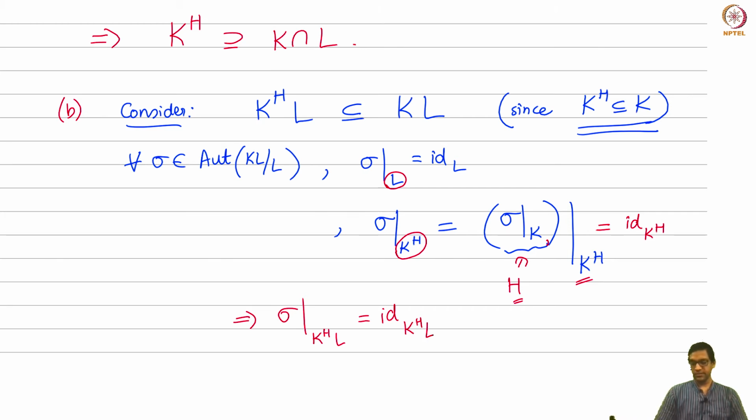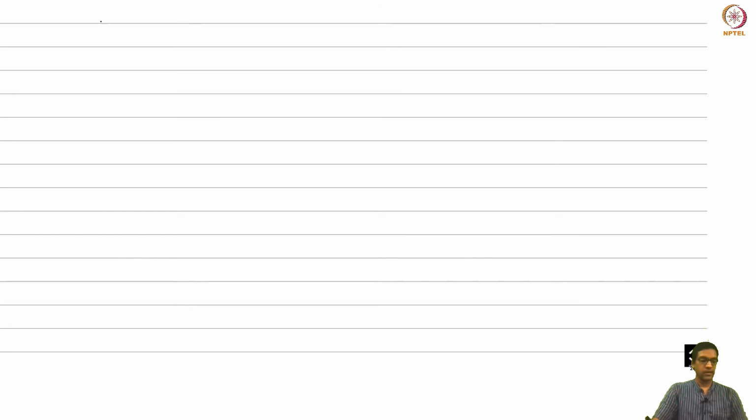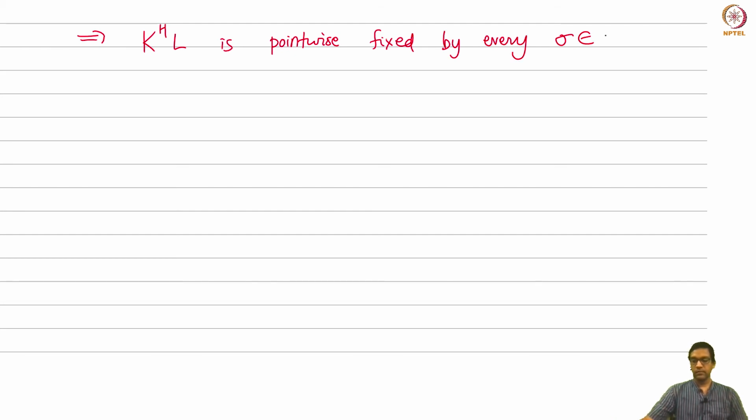So what does this mean? Every element in the Galois group of KL over L also fixes K^H L. So K^H L is pointwise fixed by every element of the Galois group of KL over L.